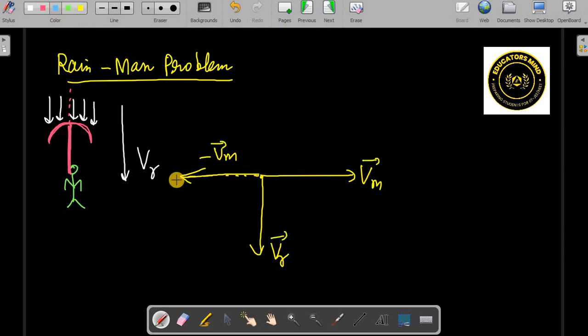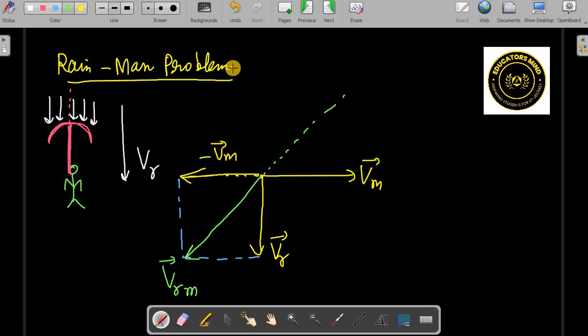Now we can add the resultant of these two. This will be the velocity of rain with respect to man, and this is also the direction in which he will see the rain coming.